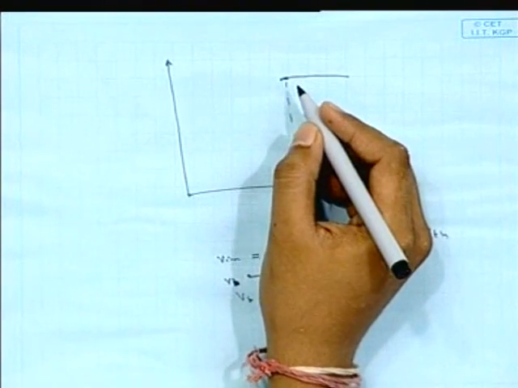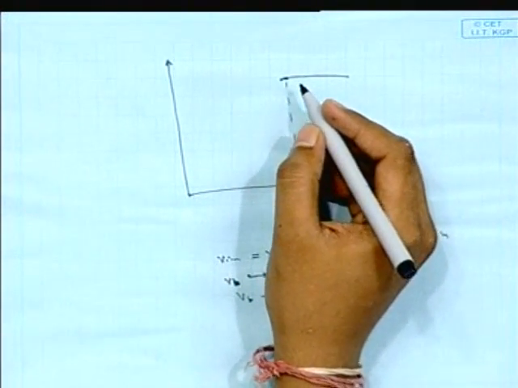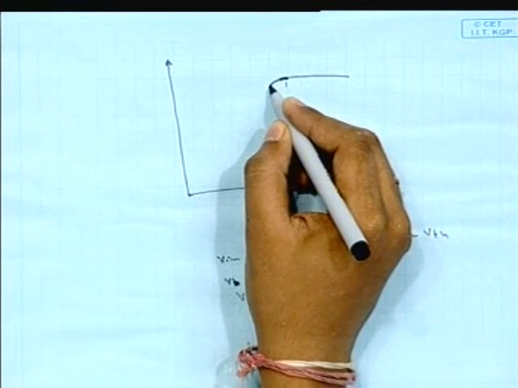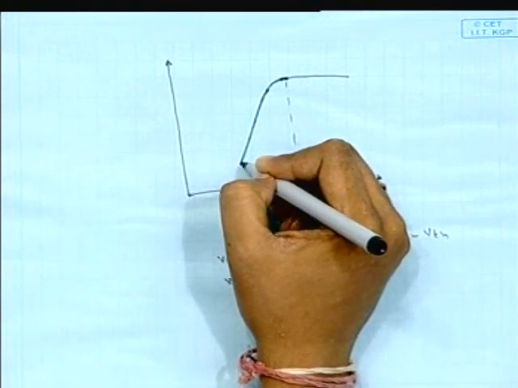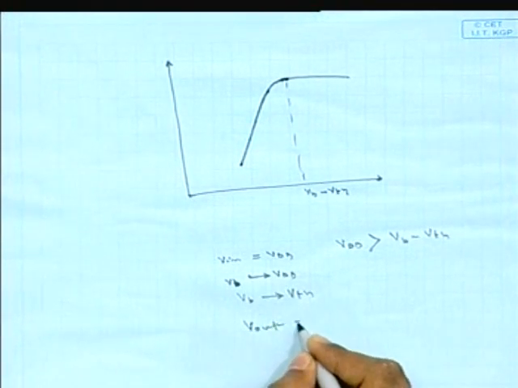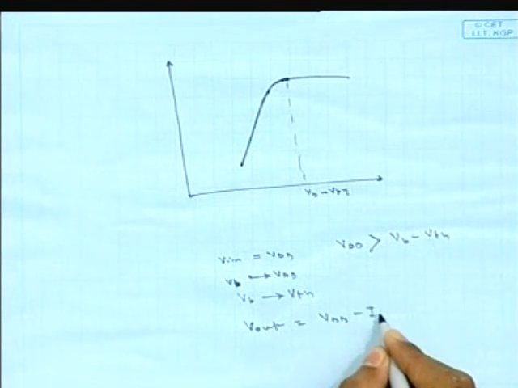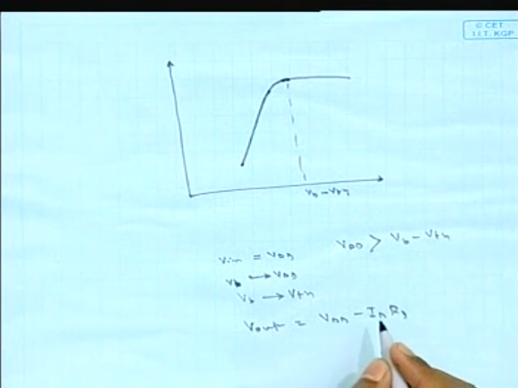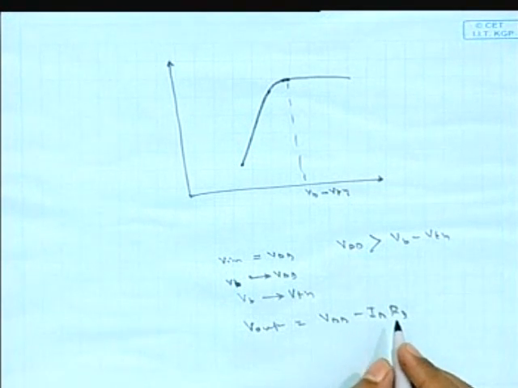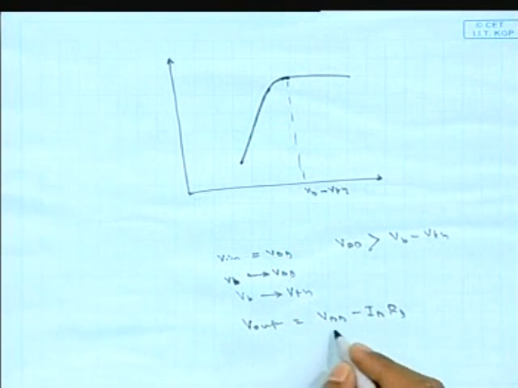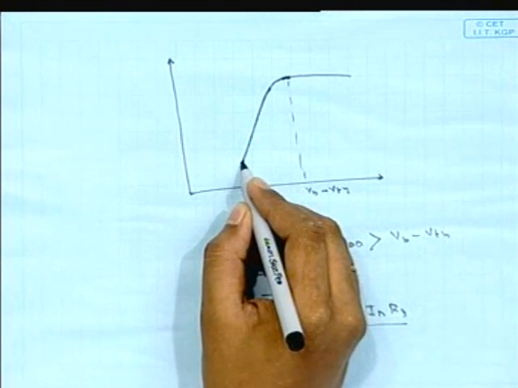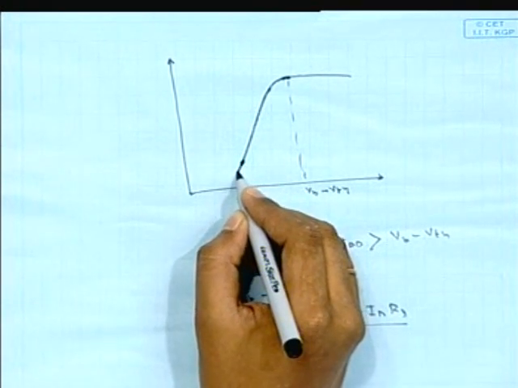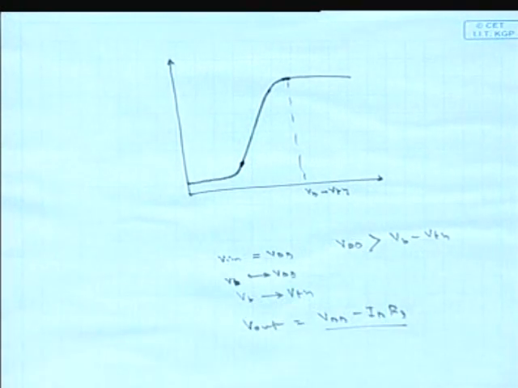And as we decrease Vin, the output current will increase, and so the output voltage will decrease. From the same relationship, the output voltage is nothing but VDD minus IDRD. If we decrease Vin, then the gate to source voltage will increase, and so the current will increase, but VDD minus IDRD, that is the output voltage, will decrease. At a particular point, that MOS will go to the linear region, and this type of transfer characteristic will be obtained.